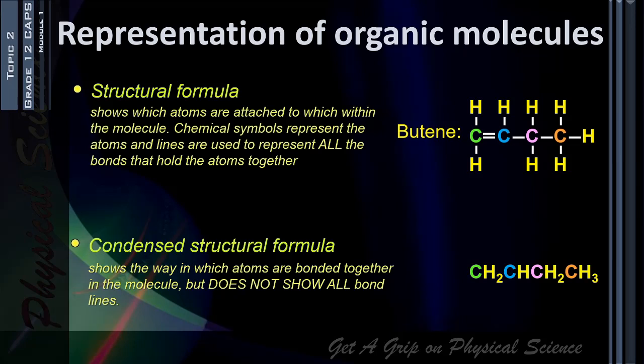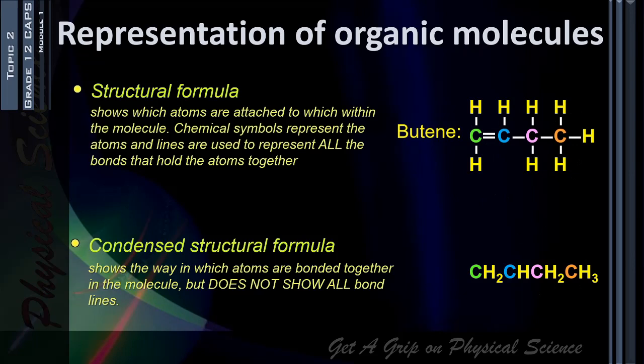So butene will be CH2, CH, CH2, CH3, because the first carbon is attached to 2 hydrogens, the second only to 1, the third to 2 again, and the last carbon to 3 hydrogens.